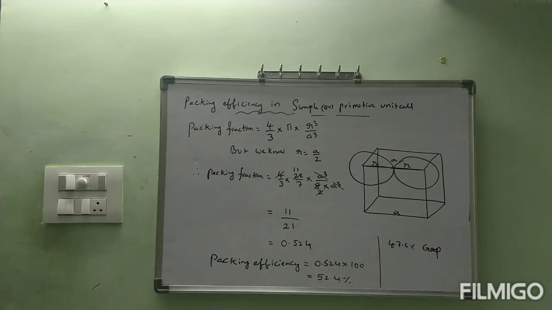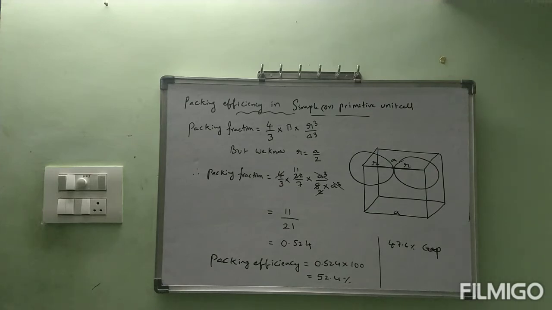Packing efficiency, how much percentage? Into 100: 0.524 into 100, which is equal to 52.4%. And the remaining 47.6% is gap. This is about calculation of packing efficiency in simple or primitive unit cell.